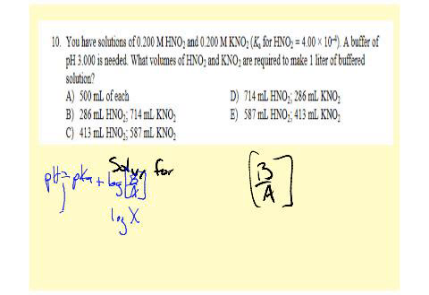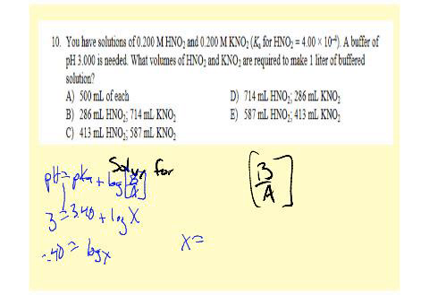And I'm going to take a couple of shortcuts here. 3 equals, I'm going to do the negative log of this on my calculator. Negative log 4E negative 4 is 3.40, plus log of X. I'm rearranging this, so subtract 3.40 from both sides, and I get negative 0.40 equals log X. And then anti-log both sides, so X equals 10 to the negative 0.4.